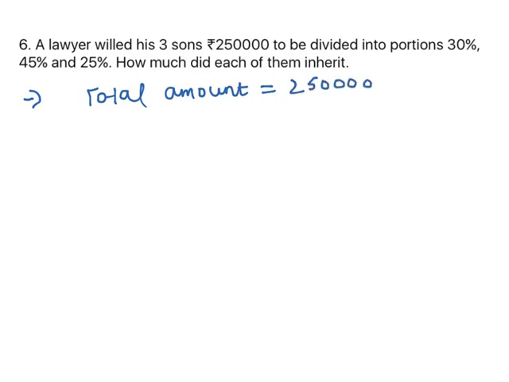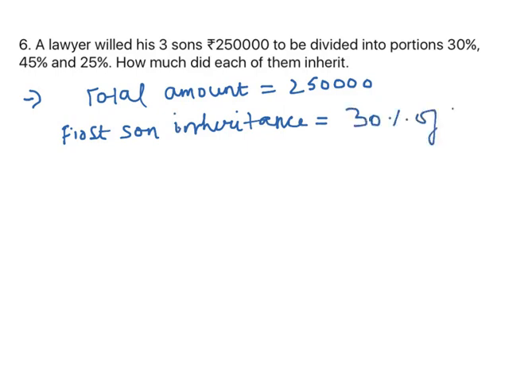Now the first son's inheritance equals 30% according to the question. That means 30% of 2,50,000. So now we will solve it.